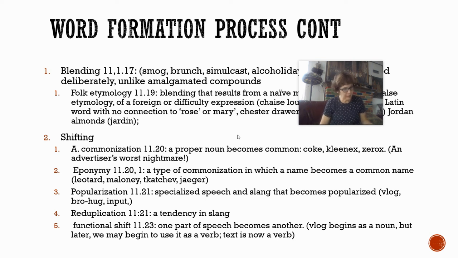Let's see, 11.20 number 3, common words taken from literature, mythology, or the Bible. Ammonia is an example taken from a god. You can look up some of these. I think I have you look a few up.